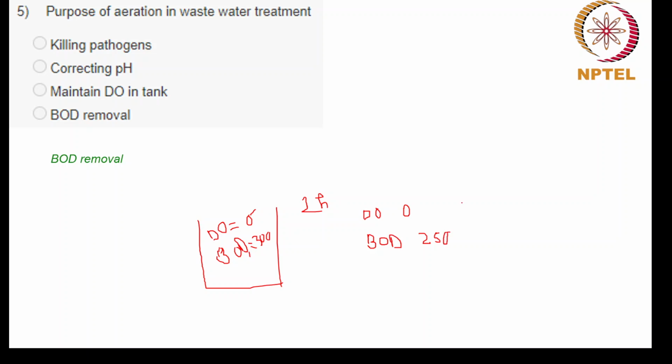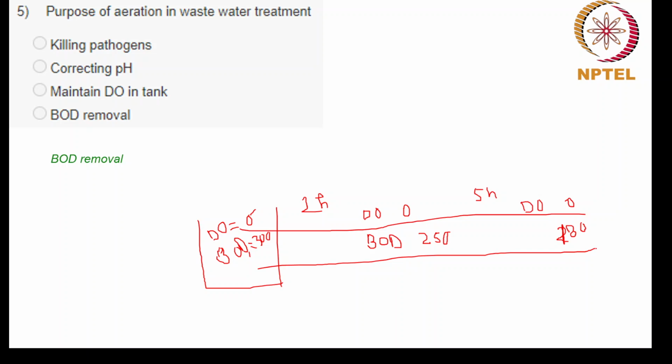If we aerate it again for, let's say, 5 hours, DO will be 0 and BOD will be around, maybe 200 or let's say 180. So whatever we do, DO is not changing, right? DO is the same, only there is a change in BOD.